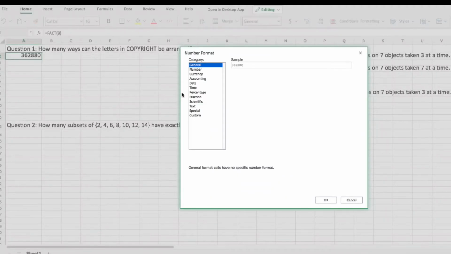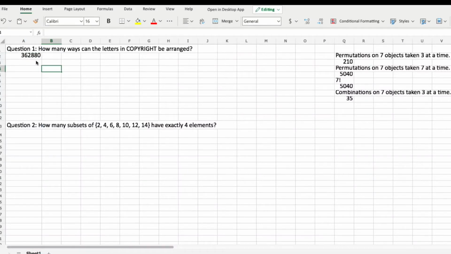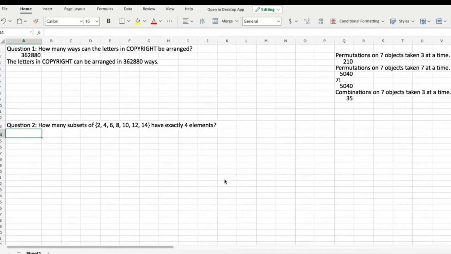By the way, if you wanted to show more digits, you could go in and open the formatting menu. So let's go ahead and write our answer in words. The letters in the word copyright can be arranged in 362,880 ways.